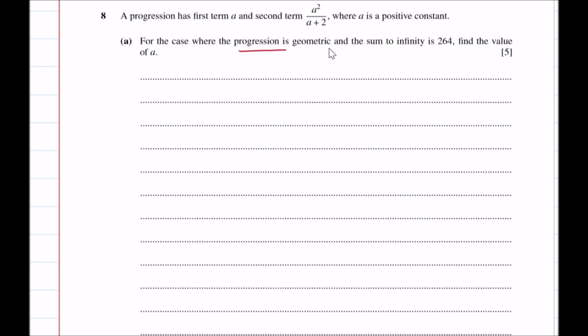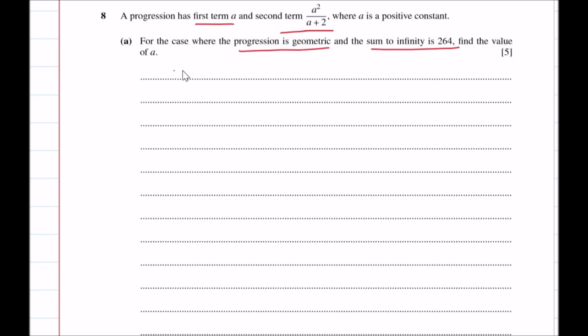Progression is geometric and sum to infinity is given. Find the value of a. First term is a and second term is a square by a plus 2.